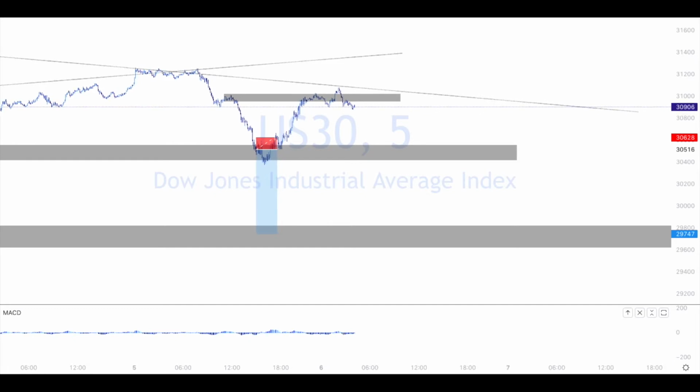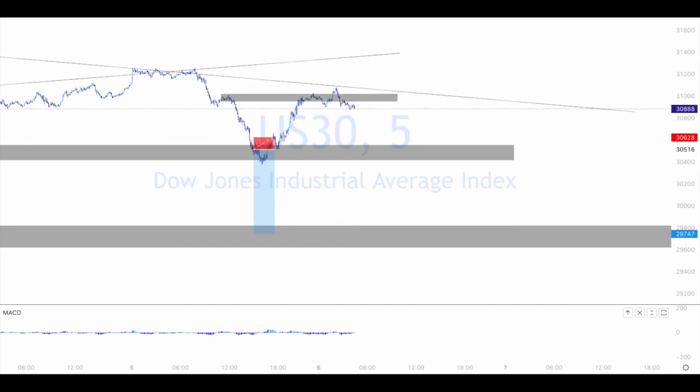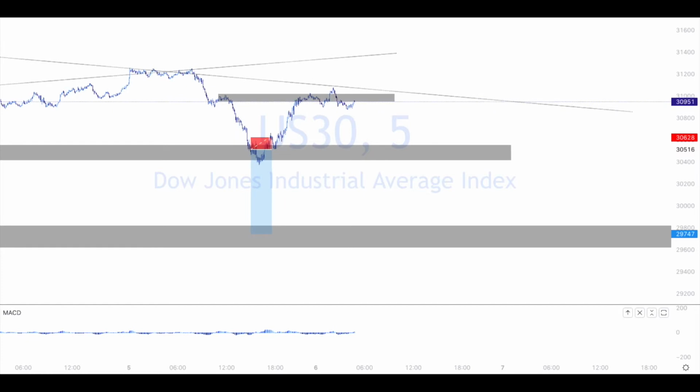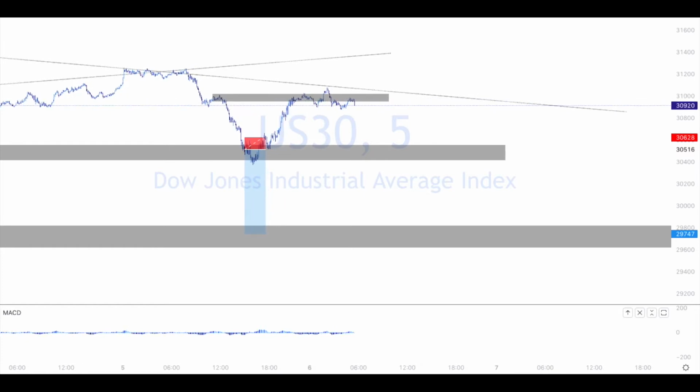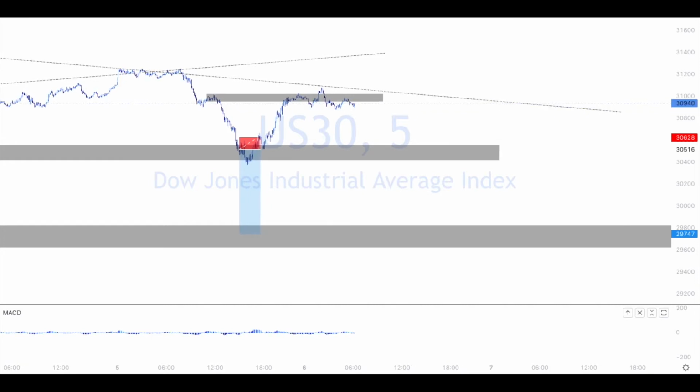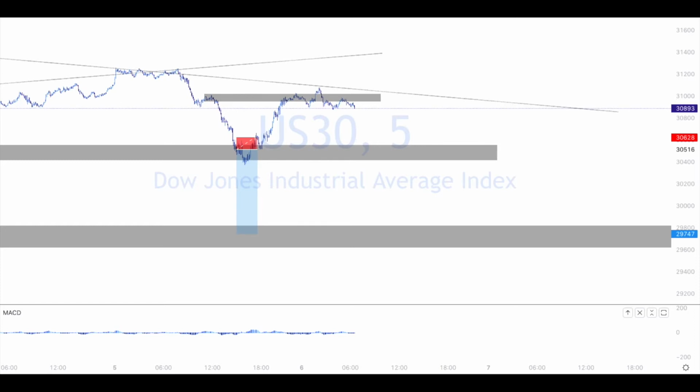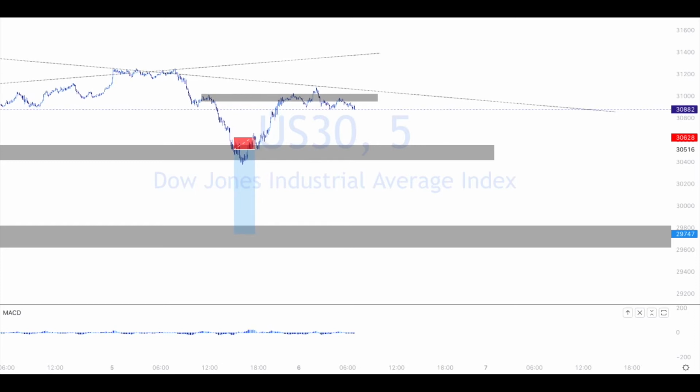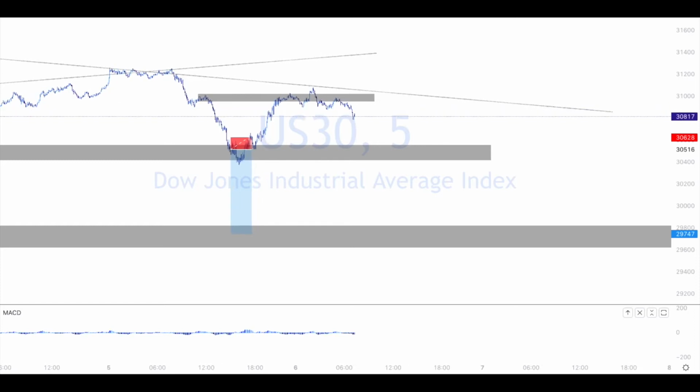Okay, so it's broken down from that level at the moment. Still pushing down. I haven't really found a suitable place to jump in.